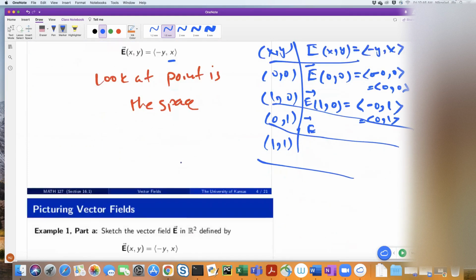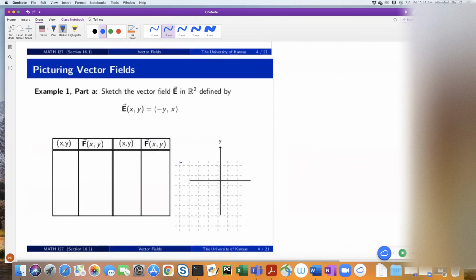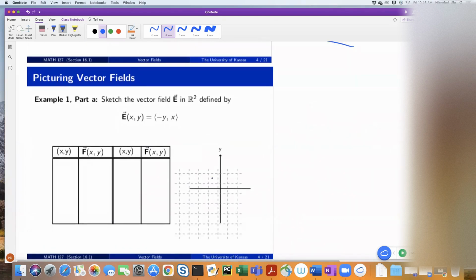So next thing that I do is I try to graph it for you by that method. At point 0, 0, the vector is 0. At point 1 and 0, the value was -1 and 0.